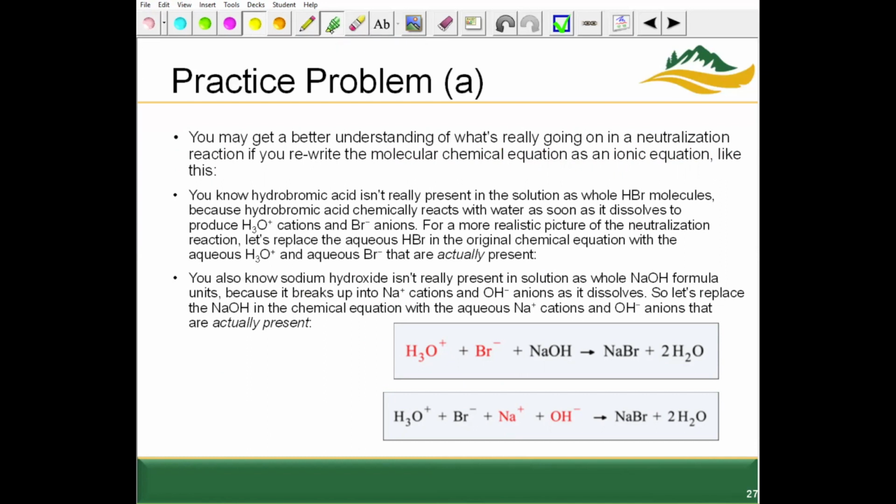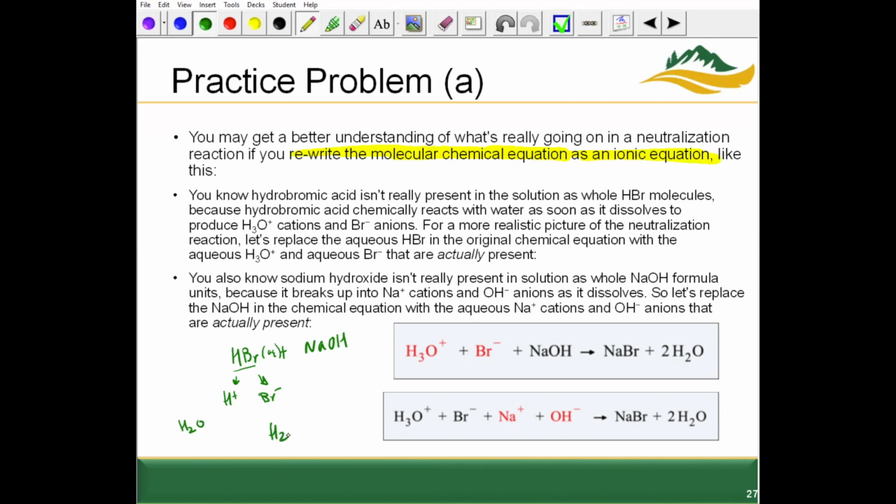So to better visualize these neutralization reactions, it may be helpful to rewrite the molecular chemical equation now as an ionic equation. For HBr, this will dissociate like we saw into H+ and Br-. We know when this is in an aqueous solution that water molecules will also be present.